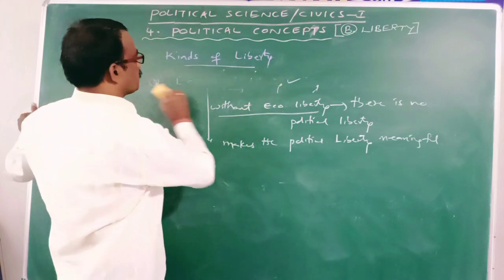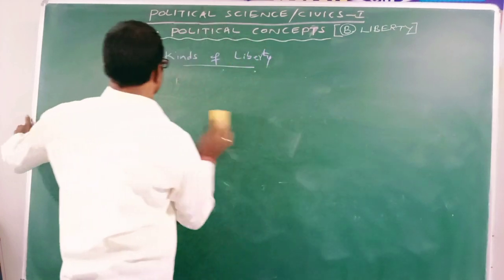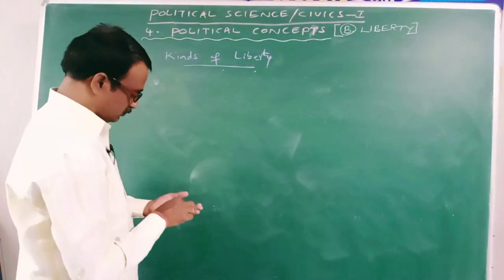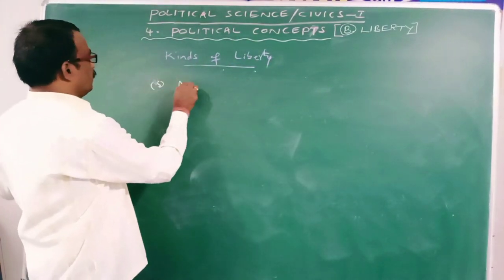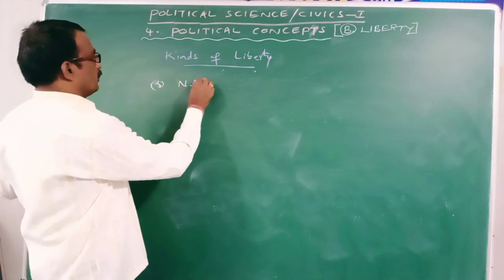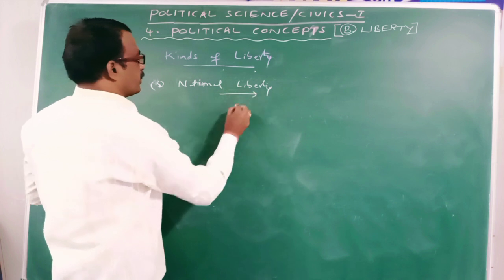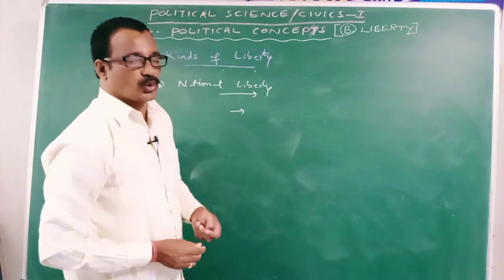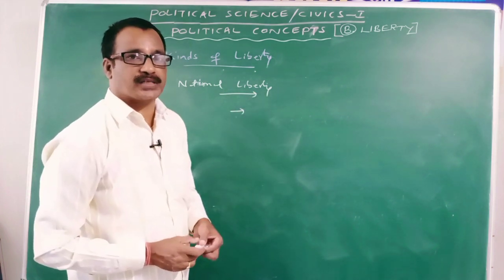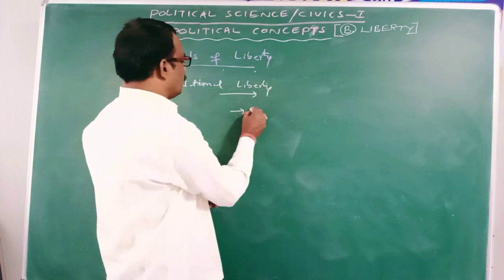And the last one is national liberty. National liberty denotes the freedom or the independence of a state. It denotes what?